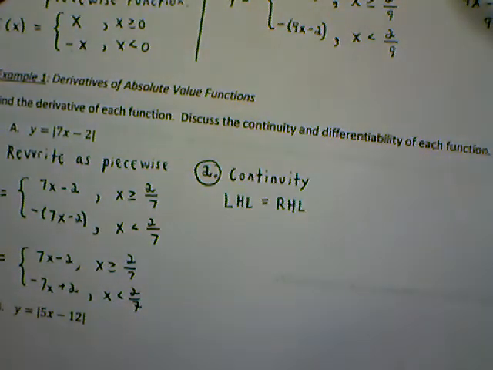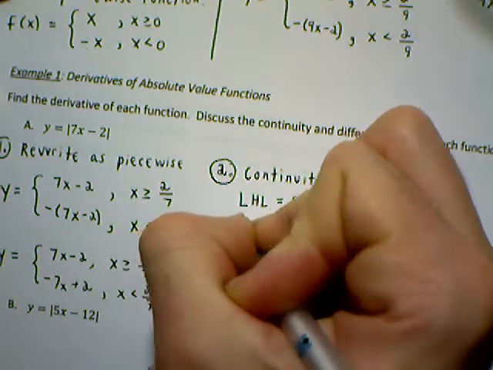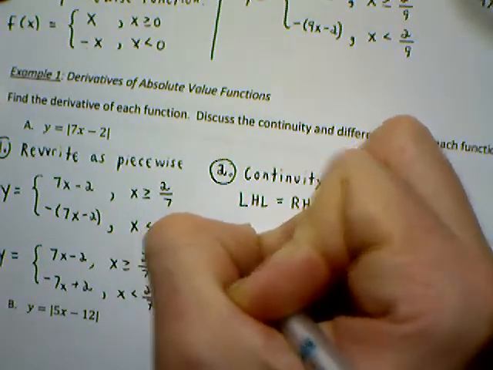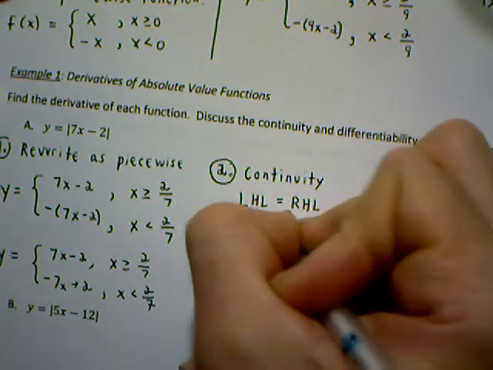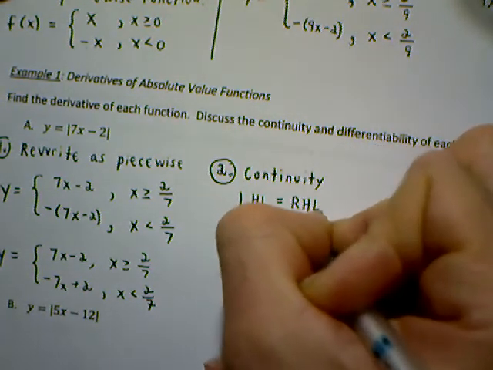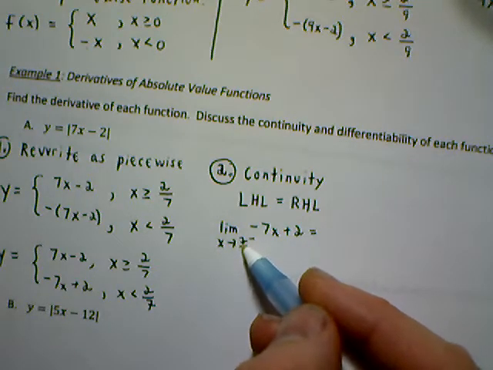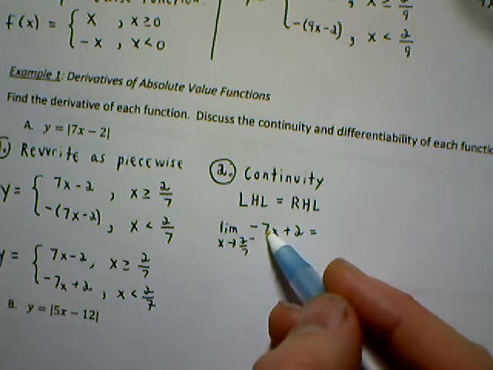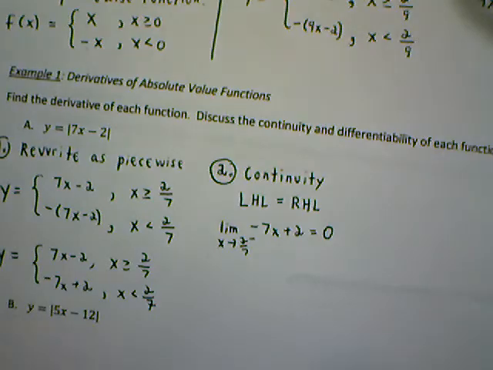So if we just do that real quick with these two rules, I'm going to take the limit as x approaches 2/7 from the left. I'll use negative 7x plus 2. You plug it in. So negative 7 times 2/7 is negative 2 plus 2. I get 0.